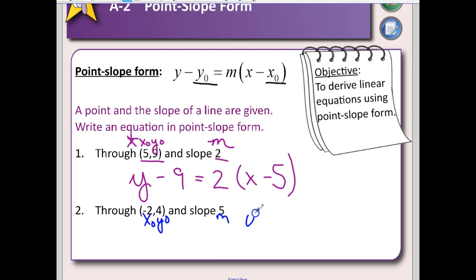Here's what we've got. y minus 4 equals 5 times x. Now, do you notice it's going to be minus negative 2? And so I'm just going to go ahead and write plus 2. x minus negative 2 is the same thing as saying plus 2.